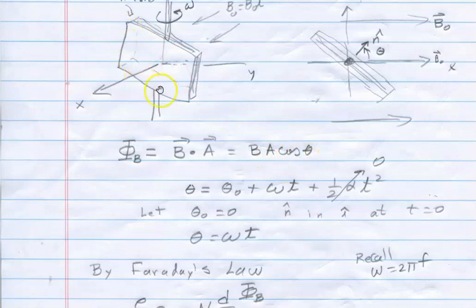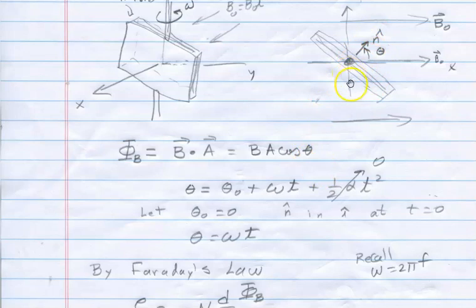The area is the area of the coil on this face. If this were the length and this were the height, then it'd be length times height. The angle theta is the angle between the magnetic field vector and the area vector. That's just the way I've aligned it here. The magnetic field is in this direction. The normal, or the area vector, is this direction, so theta is just the same.